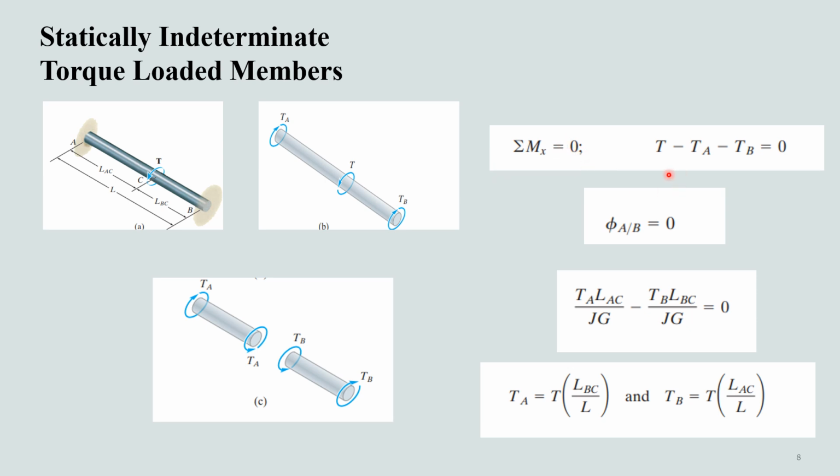We come up with this equation T minus TA minus TB is equal to 0. But now here we have only one equation and we have two unknowns. So this equation is not sufficient to determine the unknown torques acting on this shaft.